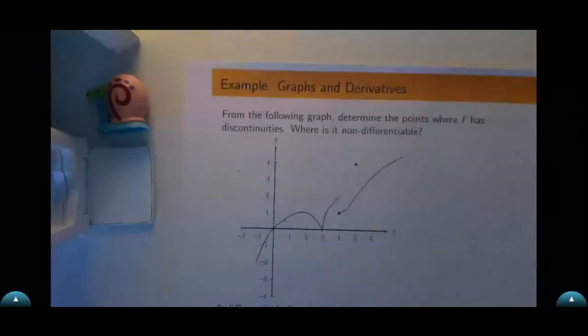This stuff here is good, but it's really assumed knowledge in many cases. So I want to talk about the relationship between a differentiable function and a continuous function. Really important, and you'll see lots of examples and exercises on this in your course packs.